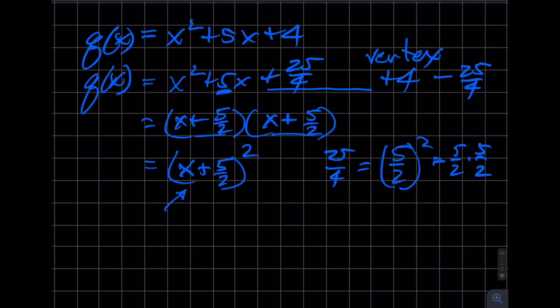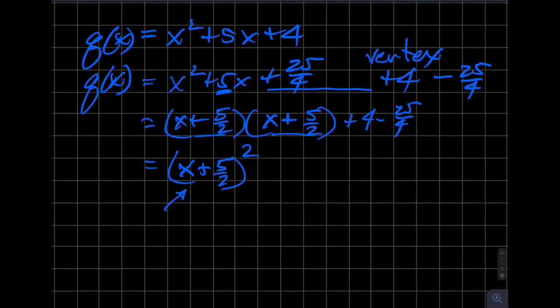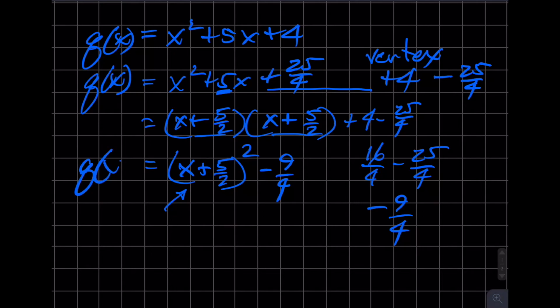So that means I have a plus 4 minus 25 over 4 right here. And if I take care of that math very quickly, I really have 16 over 4 minus 25 over 4, which is negative, what is that, 9 over 4. So I have minus 9 over 4. And so that's my function.